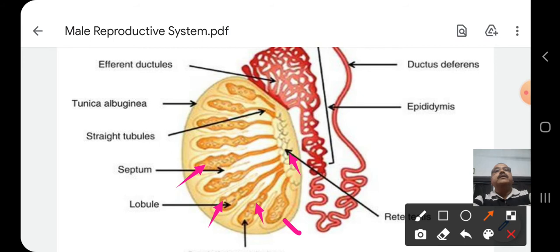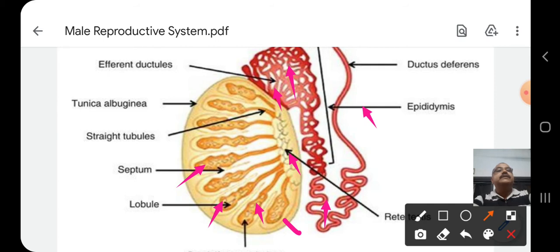At the upper part, from the rete testis develop the efferent ductules or vasa efferentia. These form a network at the head of the epididymis. From the lower region of the epididymis, the tubule proceeds up towards the abdominal cavity, known as ductus deferens or vas deferens.